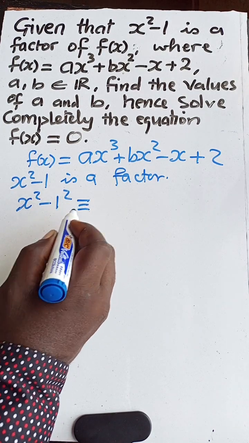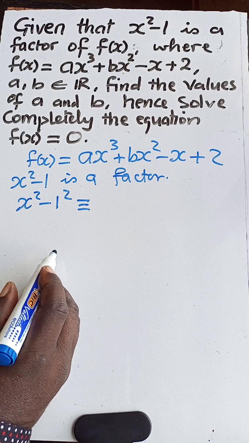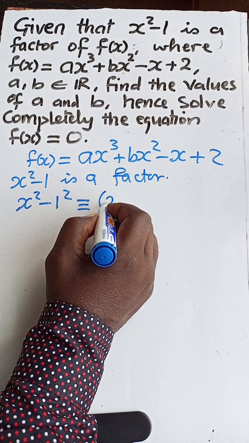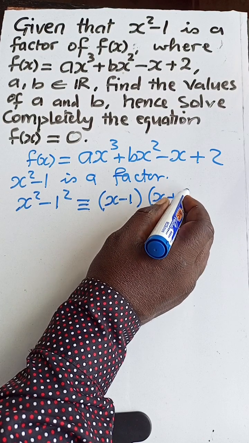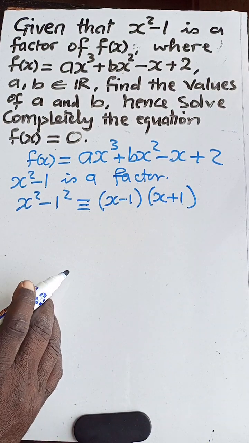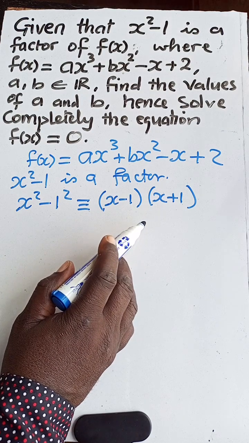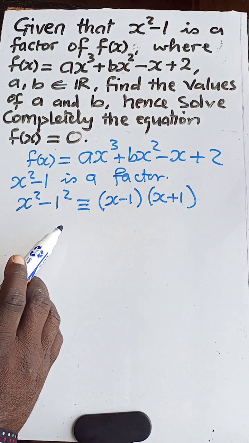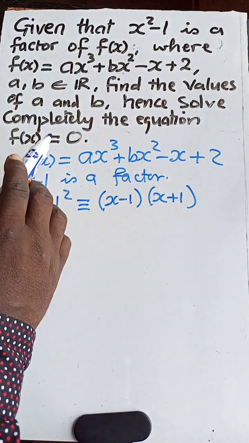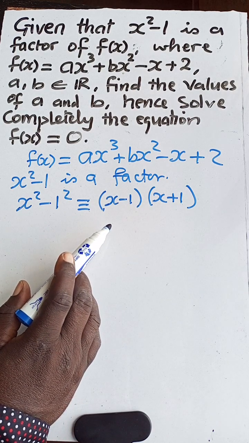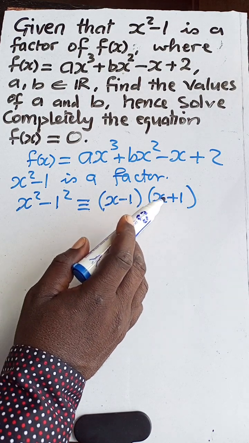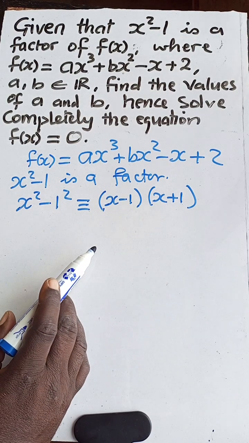And so when we bring in the difference of squares identity, we're going to have x minus 1, x plus 1. So already we know two factors of that polynomial. If their product is a factor, then each of them individually or separately are also factors.